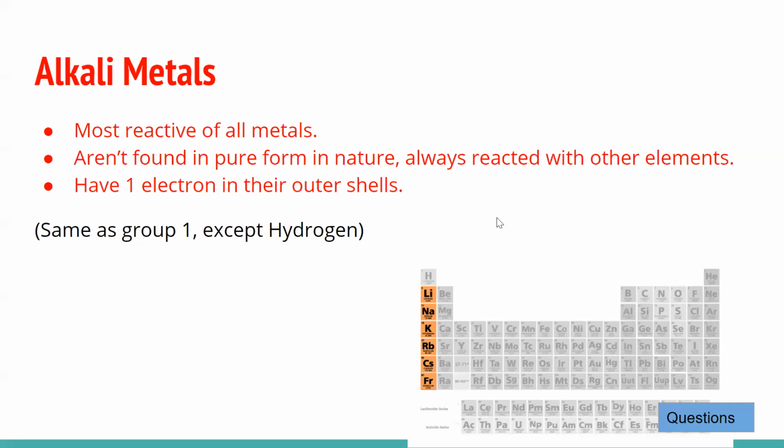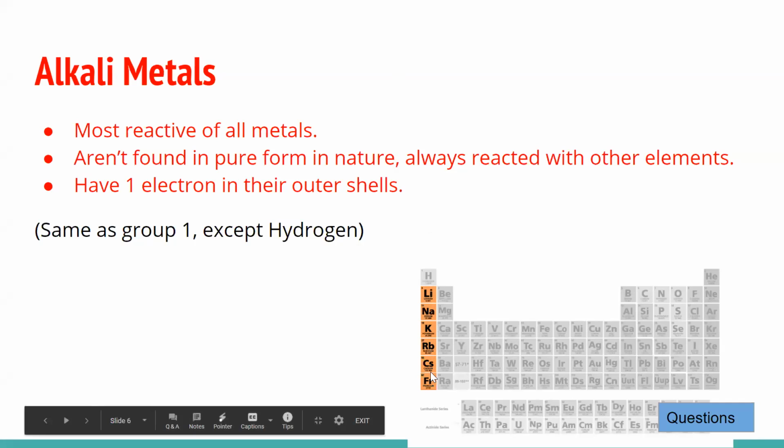Within the metals, the first group we have, the first chunk, but in this case it's actually also a group, is the alkali metals. It's the most reactive of all the metals. These include lithium, sodium, potassium, rubidium, cesium, and francium. They aren't found in their pure form in nature.